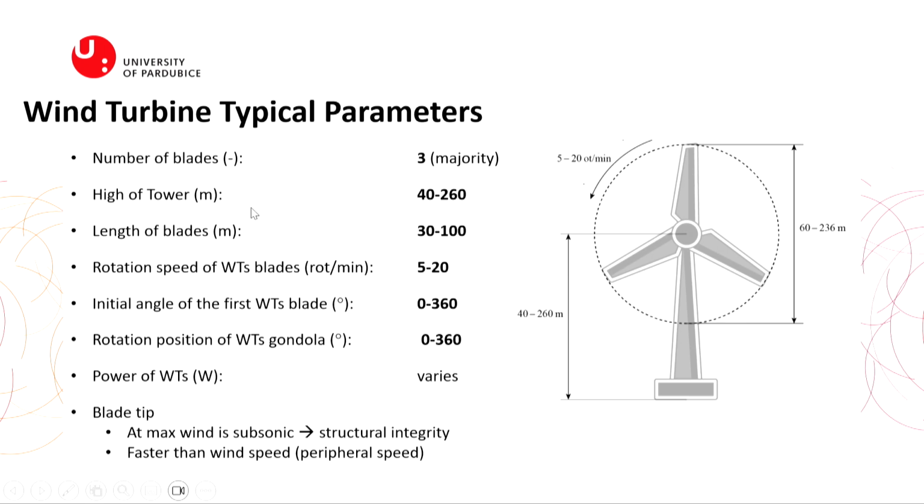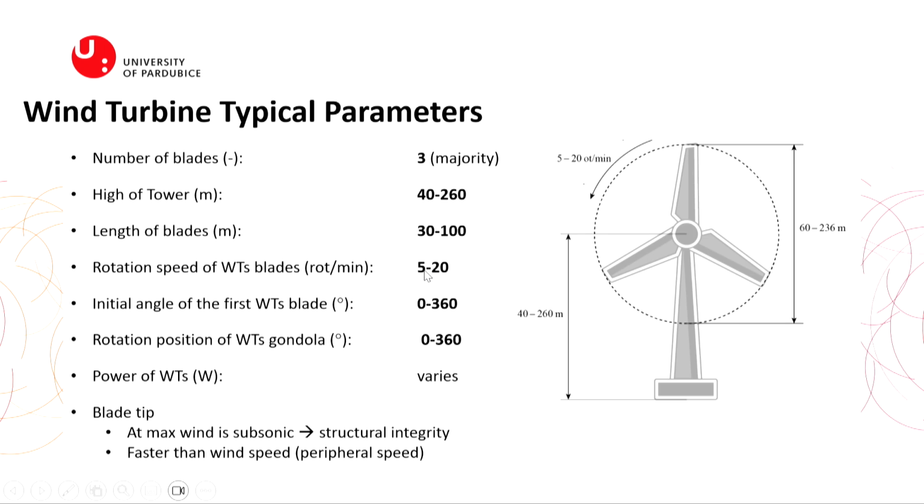Then the height of the tower. It could be from 40 meters to 260 meters. Length of blade from 30 meters to 100. These are typical parameters. Of course, there exist some blades with a length of 1 meter, really small ones, why not? But we consider some typical values.